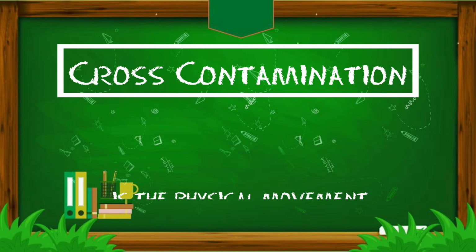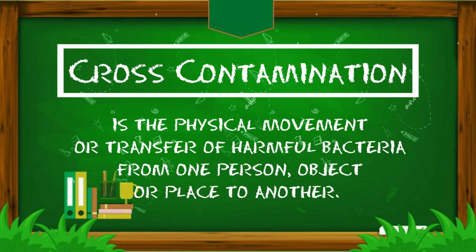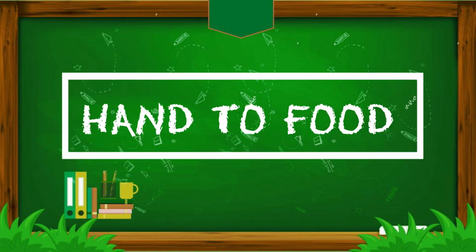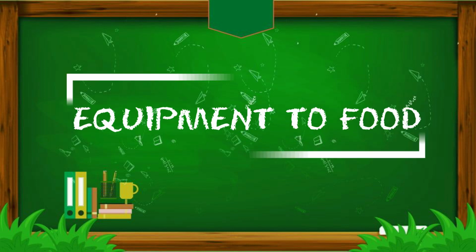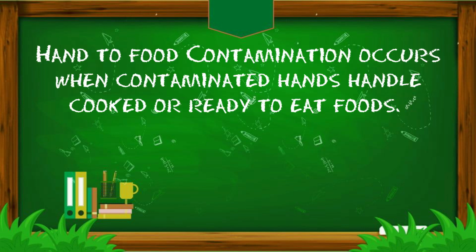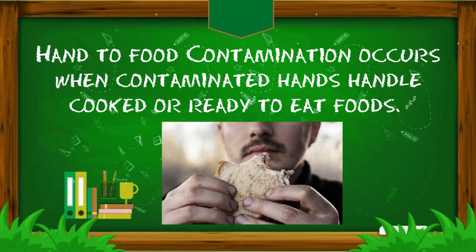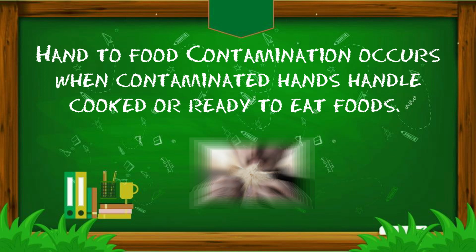Cross-contamination is the physical movement or transfer of harmful bacteria from one person, object, or place to another. There are different types of cross-contamination. We have hand-to-food, food-to-food, and equipment-to-food. Hand-to-food contamination occurs when contaminated hands handle cooked or ready-to-eat foods.